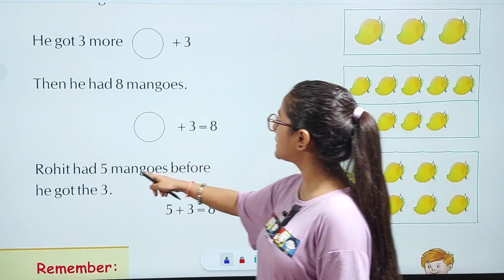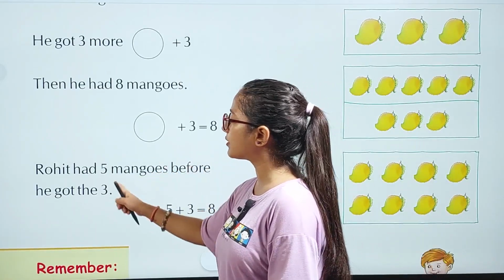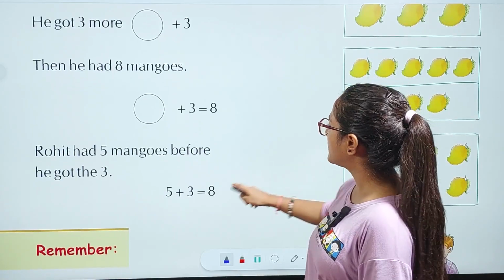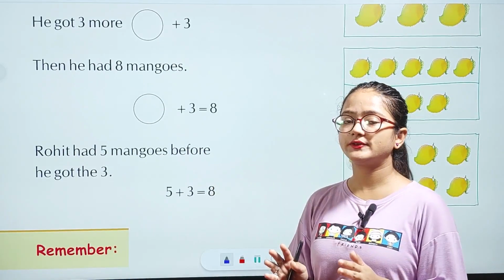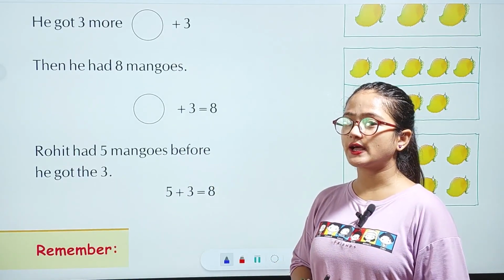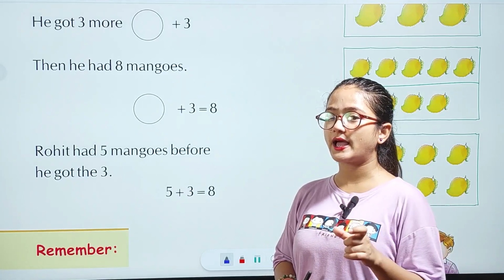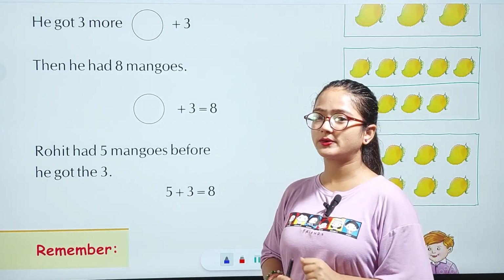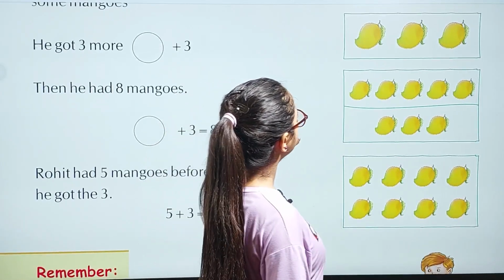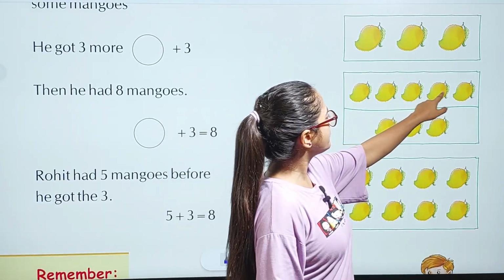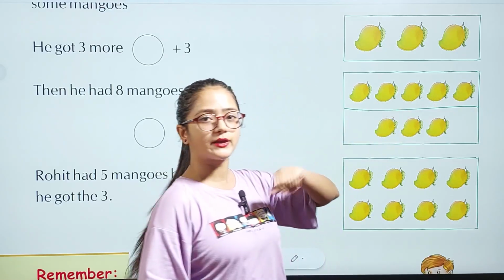Now Rohit had 5 mangoes before he got the 3. How did we get the answer 5? You just subtract 3 from 8, then you will get the answer 5. That means at first Rohit had 5 mangoes. Here also you can see 3 mangoes are there, then 1 2 3 4 5 6 7 8 mangoes are there.